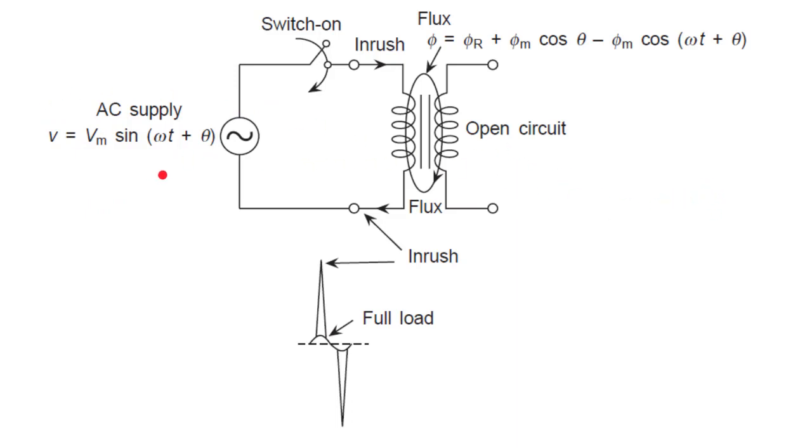Here we are applying the voltage Vm sin omega t, and your inrush current will depend upon the flux in the core.